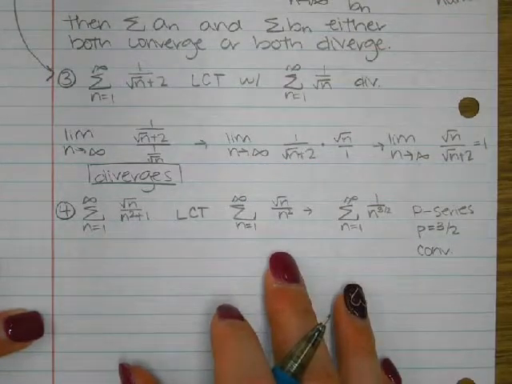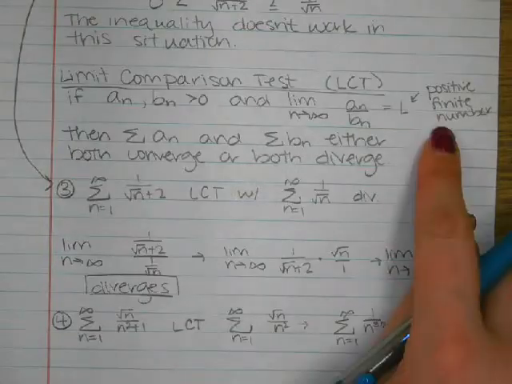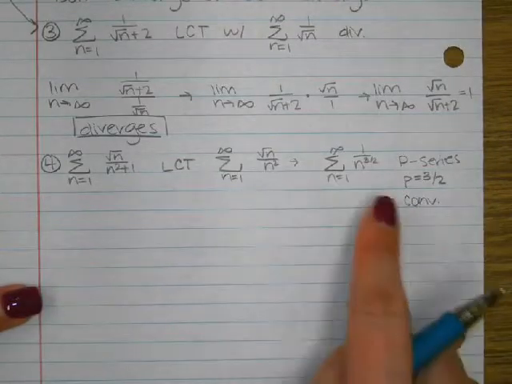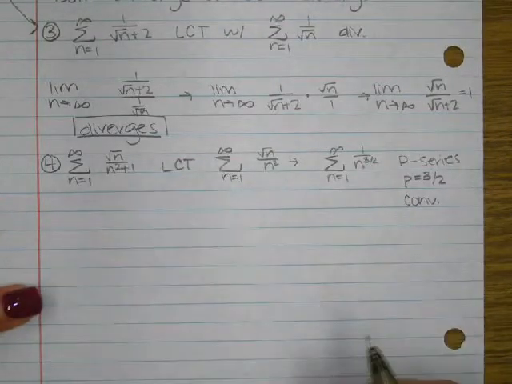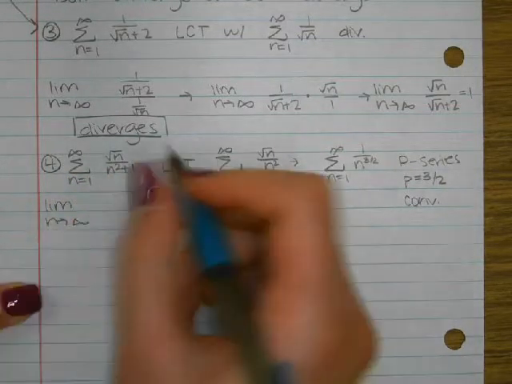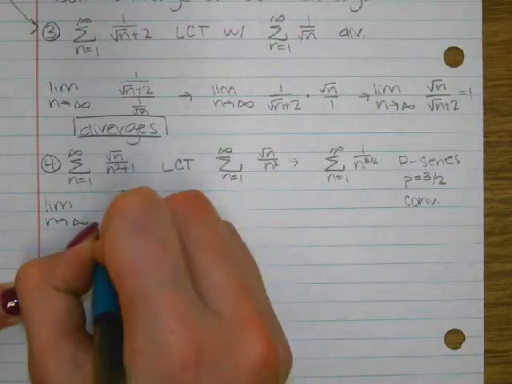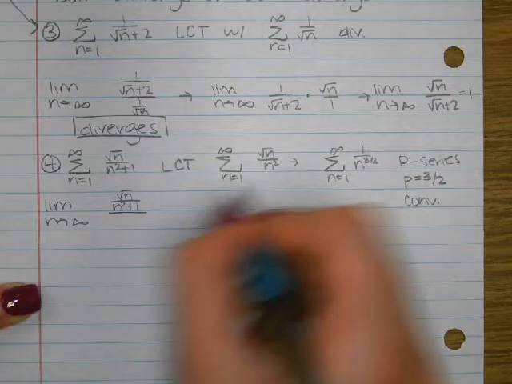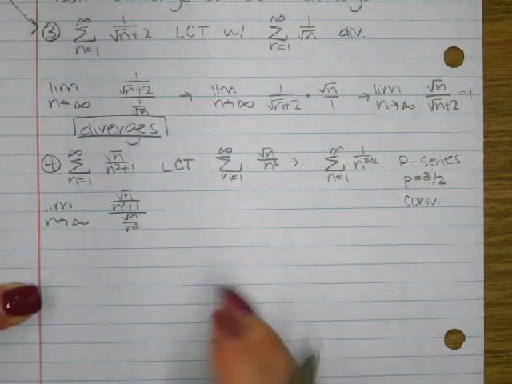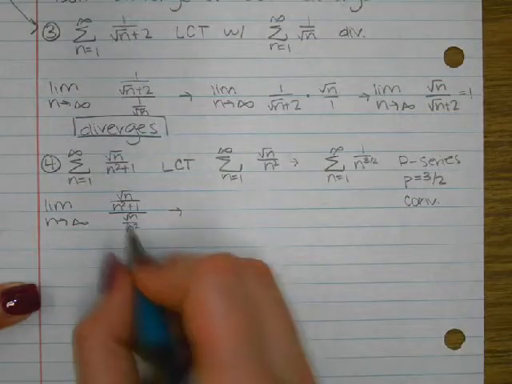So if we were able to successfully do the limit comparison test and find that the limit really is a positive finite number, then we will be able to conclude that since this converges, this one would converge as well. So I'm going to say the limit as n goes to infinity of my first series divided by my second series. I'll go ahead and use this version only because it's a little bit more closely related. And then I'm going to flip the bottom one up.